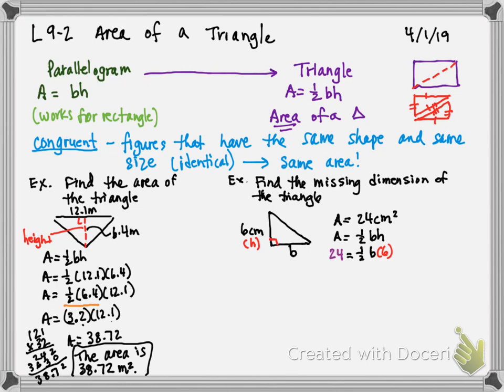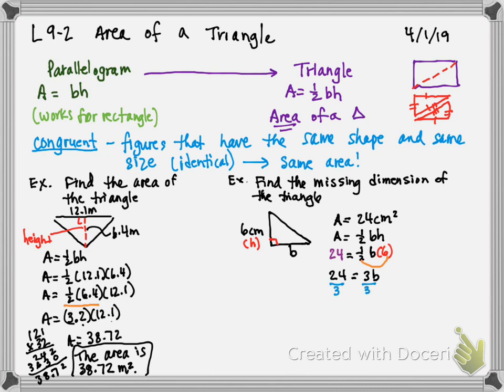We could do that, or we could try to simplify. So it's the same sort of idea that we did before, where I'm going to use the associative property of multiplication, and I'm going to take half of the 6. So if I do that, I get 24 equals half of 6 is 3, and I get 3b, and then the inverse of multiplying by 3 is dividing by 3.